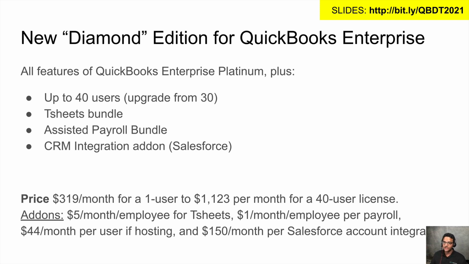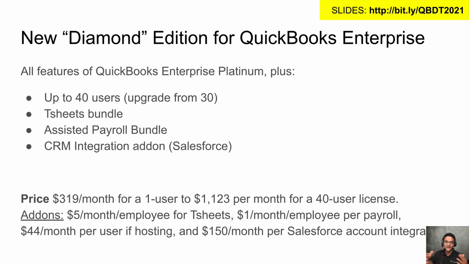They will bundle T-sheets, and there's an additional cost per employee, but it's really marginal. They will bundle assisted payroll, and they will have the ability to bundle a CRM integration add-on for Salesforce customers. Obviously, this Diamond edition is focused more on the mid-market, larger company, someone that needs the 40 users.